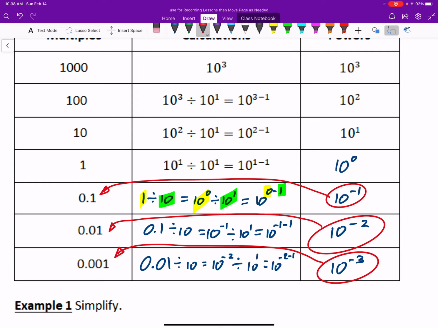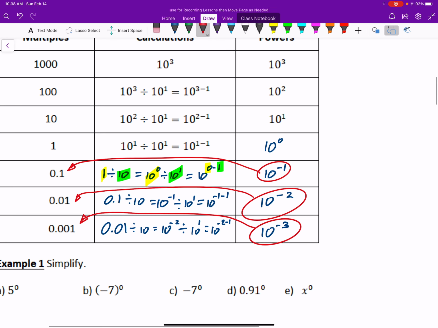So 10 to the negative 3 equals 0.001. So negative exponents, it turns out, don't give us negative values. They give us very small values. And in fact, we could think of 10 to the negative 1 as 1 over 10 to the positive 1.